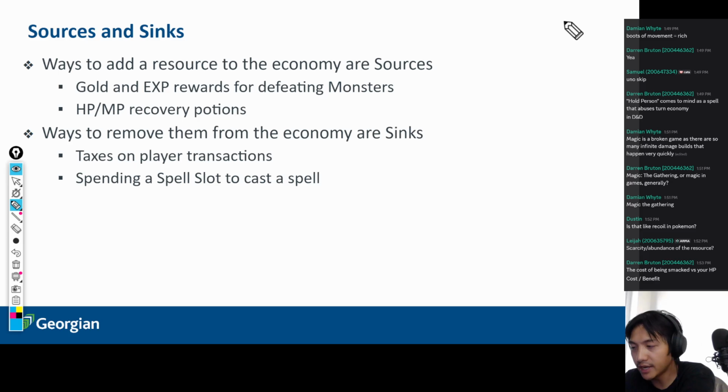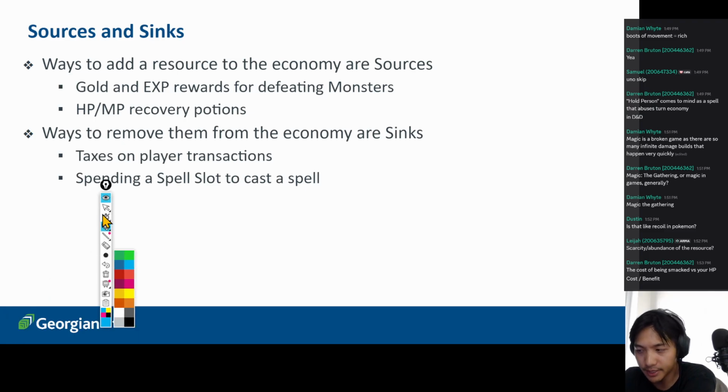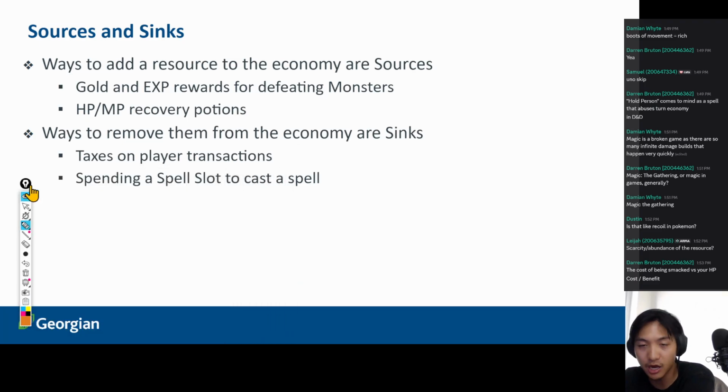So any source is where it's being created. If in your MMORPG, players can go out into the wild and kill monsters, and those monsters will drop gold, then you are printing money. You're literally printing money. This can have serious negative effects on any economy if you're constantly printing money. So you need to think about how to control that.